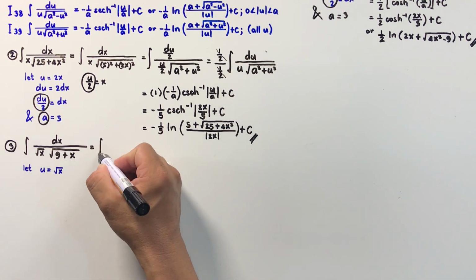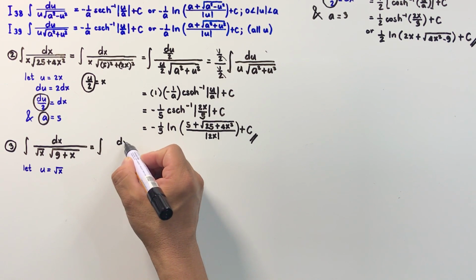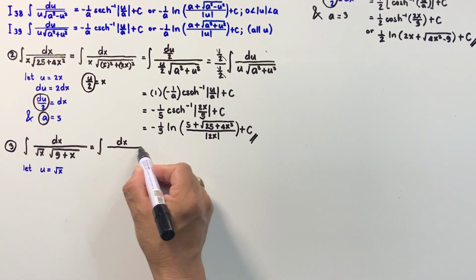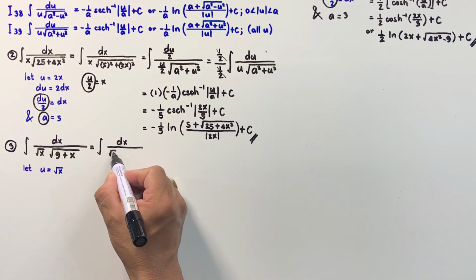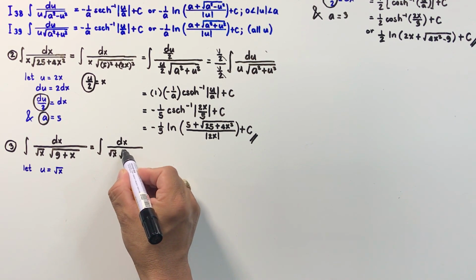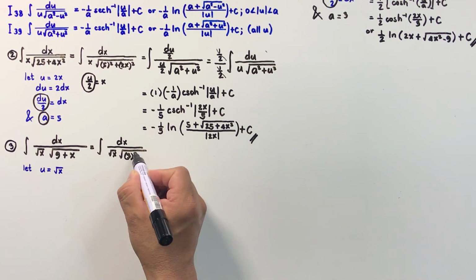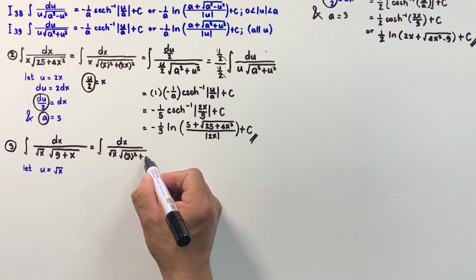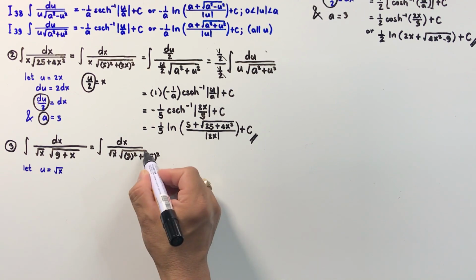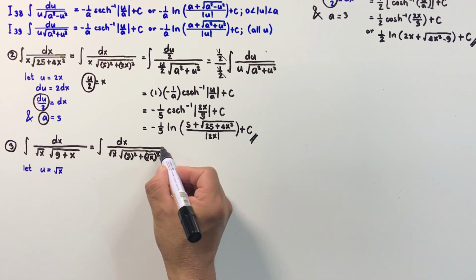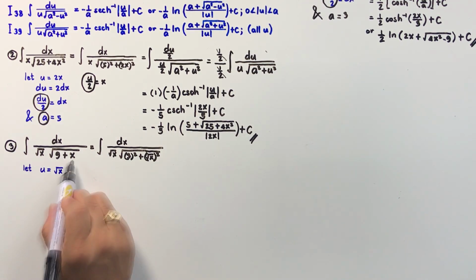Since you can express that radicand as a sum of two squares, the square root of 3 squared plus the square of the square root of x, because the square of the square root of x is x.